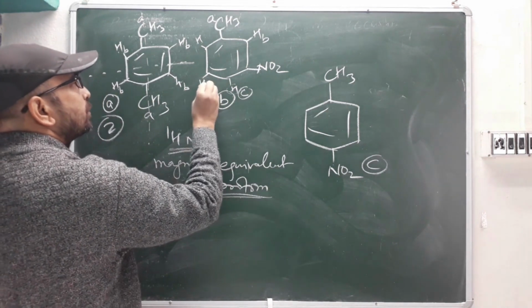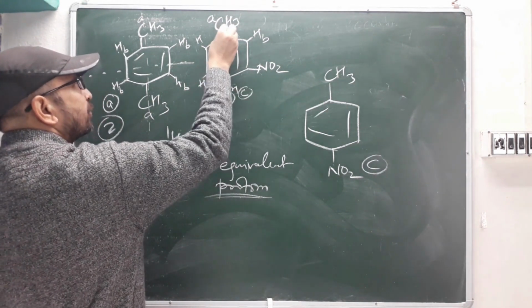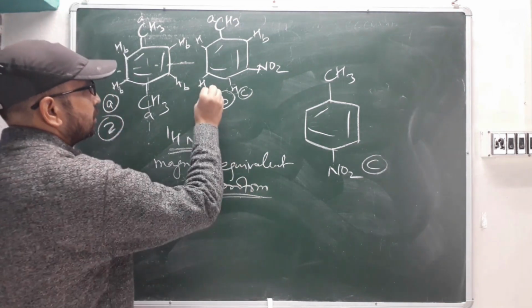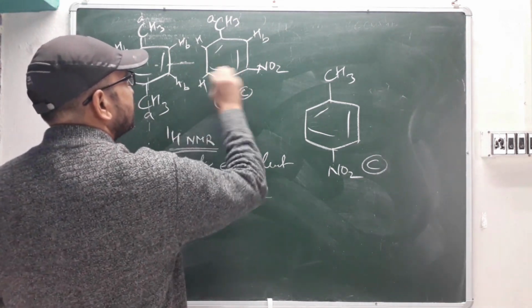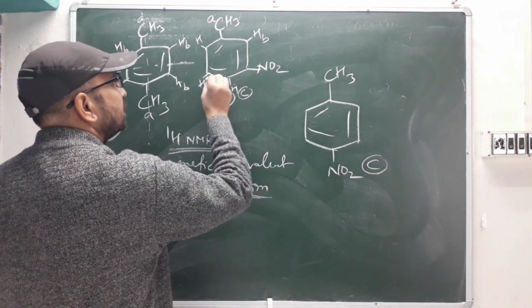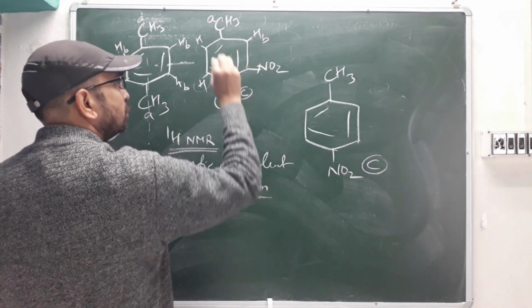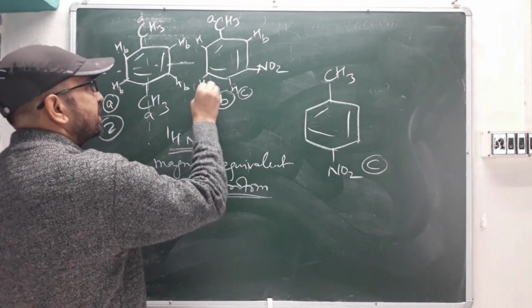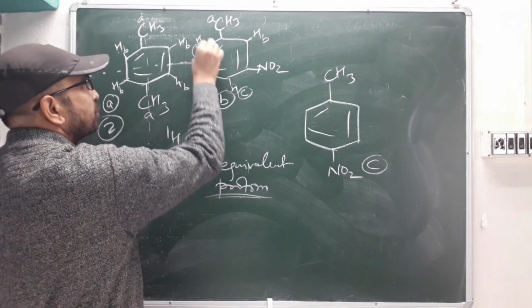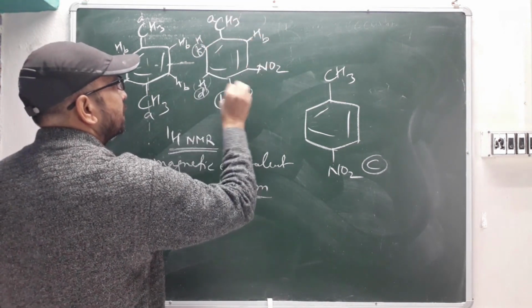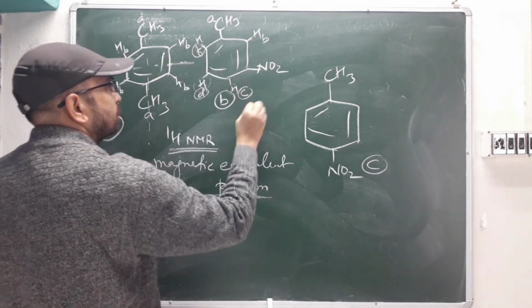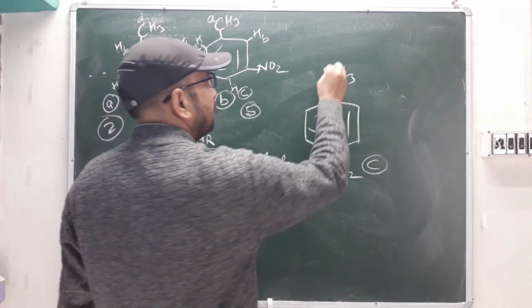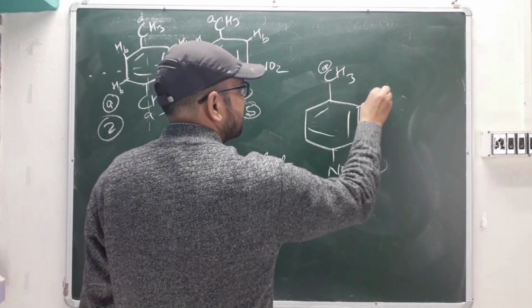And for this proton, from nitro it is meta, and from CH3 it is meta, okay? For both it is meta, but we don't have this kind of proton, and this one is ortho but this is meta, okay? So the magnetic equivalence is changing, so this will be D type, and this will be F type. So how many are there? 1, 2, 3, 4, 5. So 5 types of protons, or magnetic equivalent protons, are present here.